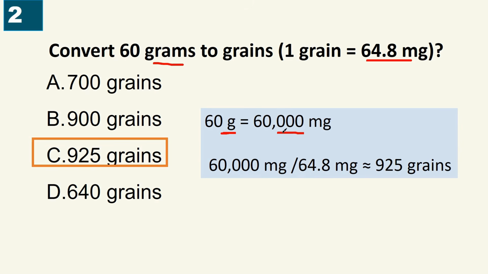So adding 3 zeros is a faster way to convert grams to milligram. So 60 grams is equal to 60,000 milligram. And 1 grain is equal to 64.8 milligram. So just divide by 64.8. It gives you approximately 925 grains.